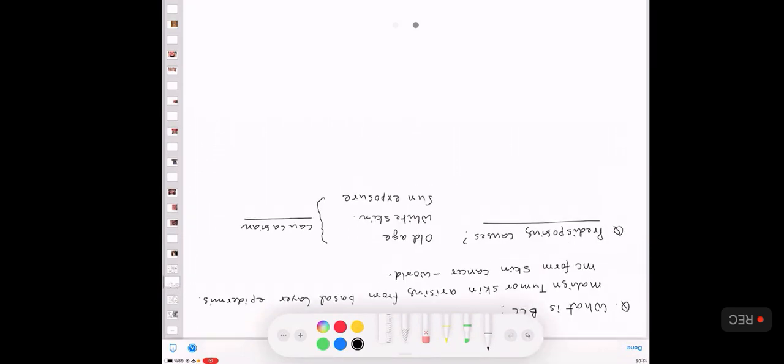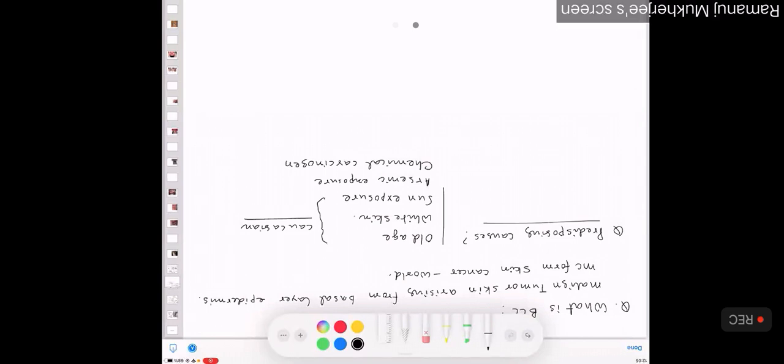Now, these are the predisposing causes. Some people consider that in our part of India, arsenic exposure in the water, and examples of chemical carcinogens. Now this is important. What are the chemical carcinogens?